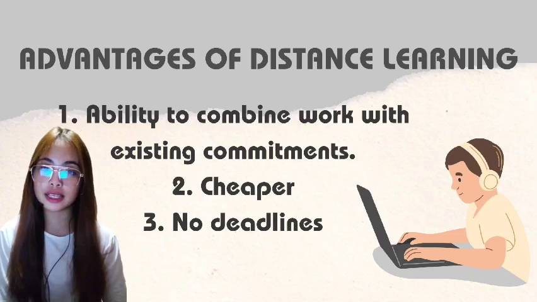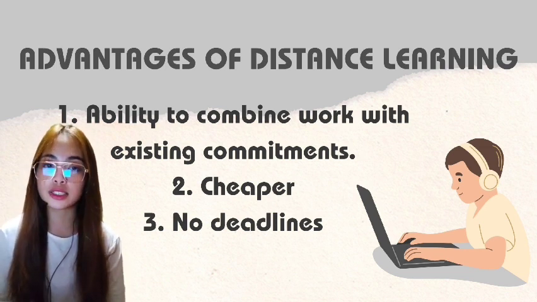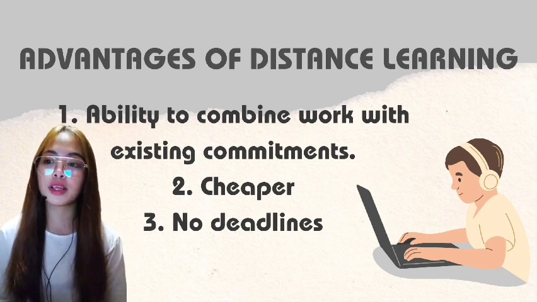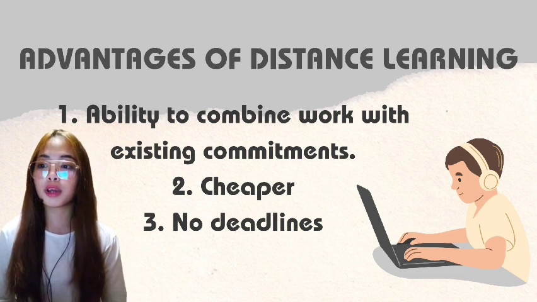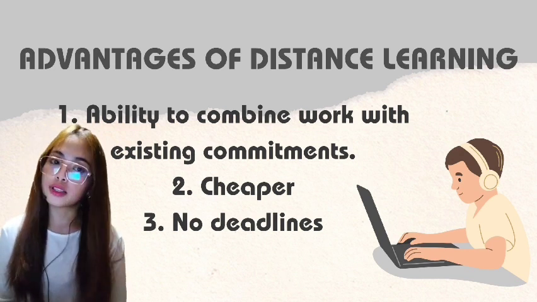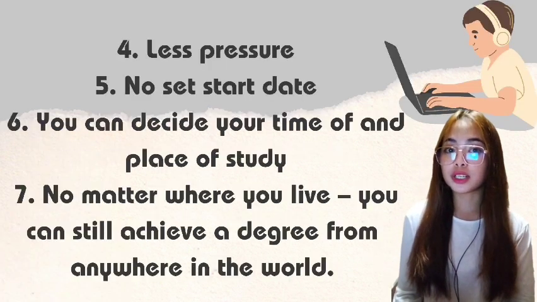Third is no deadlines. Distance learning does not typically have set deadlines, but this can vary depending on the learning environment, and in some cases, there may be deadlines set by the instructor for submitting assignments or taking the test. Number 4, less pressure.